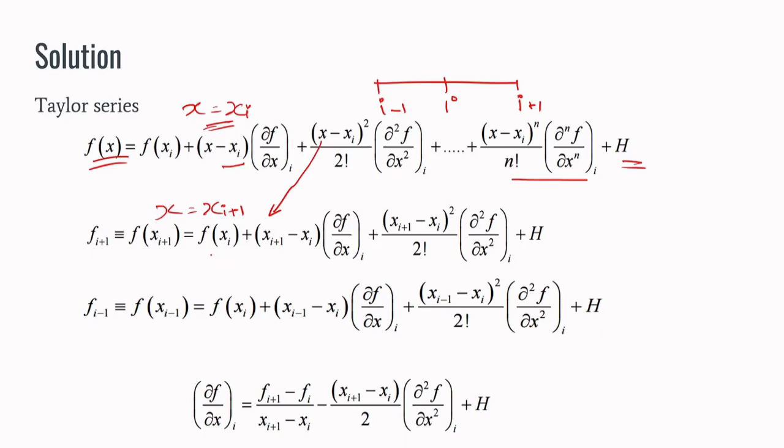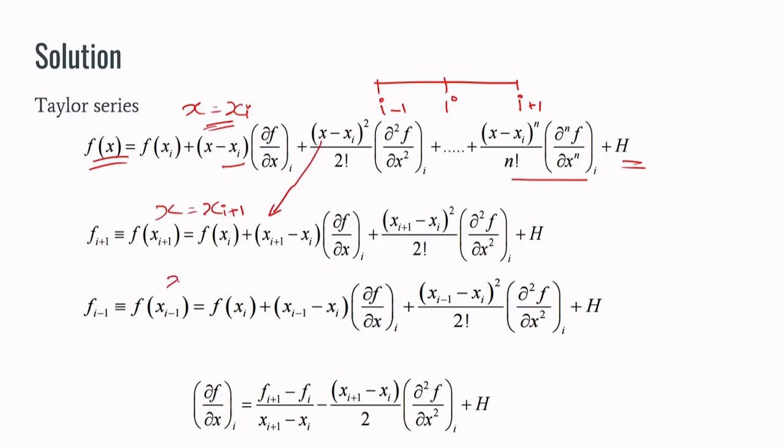So the new expression will be f of xi plus (x i plus 1 minus xi) of ∂f/∂x at i, plus (x i plus 1 minus xi) the whole square by 2 factorial into ∂²f/∂x² at i, plus h.